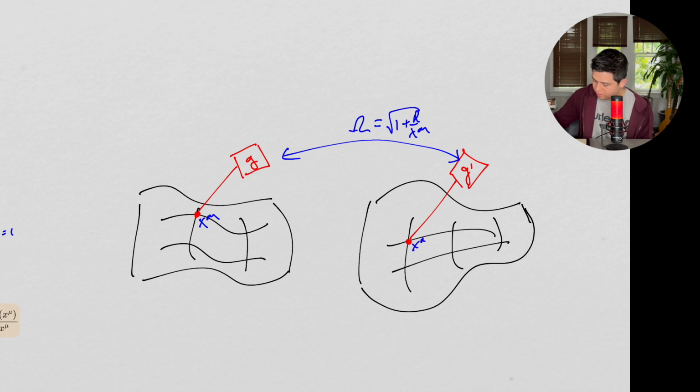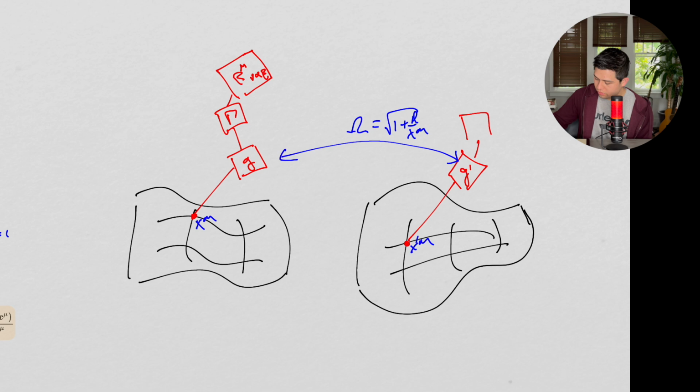Our point is x mu, our new coordinates. But now we can say, well, from our metric, we get our Christoffel symbols, and from our Christoffel symbols, we get our Riemann curvature tensor. Our Riemann curvature tensor again being, I'll rewrite that just to show all of its components, R mu nu alpha beta.